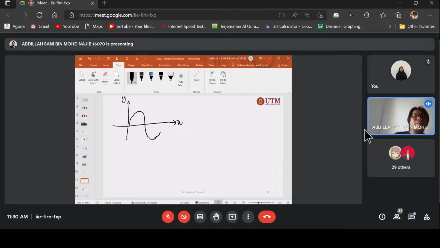Okay, sine function looks like this. It starts with 0, and it comes back to its original position at 2 pi, right?